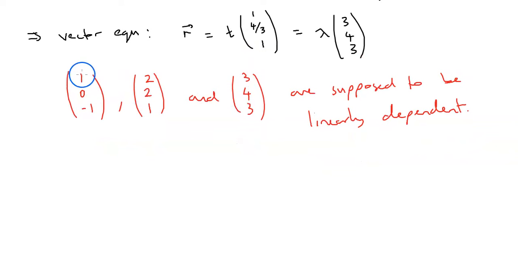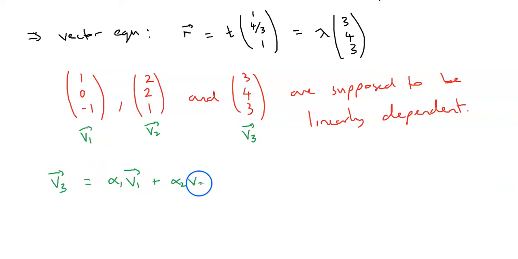By the way, I gave you the algebraic definition of linearly dependent before. Let's quickly take a look at the geometric definition. Suppose that V3 can be written as a sum of V1 and V2. It doesn't matter which one I pick. If one of them can be written as a sum of the other two, then any one of them can be written as a sum of the other two. So let's suppose that V3 is equal to alpha 1 V1 plus alpha 2 V2.